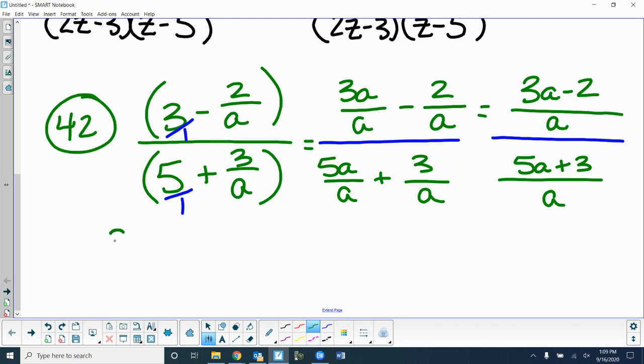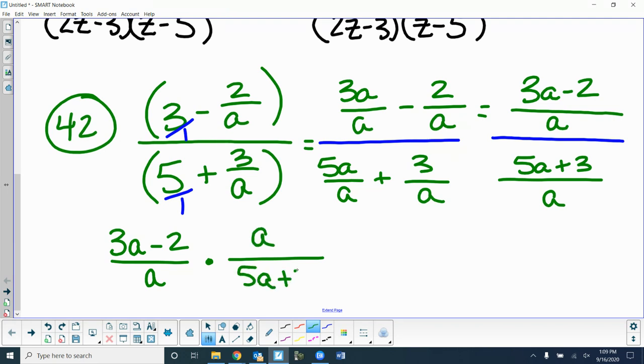And then what we talked about yesterday with these complex fractions is we take the top one as it is, and we multiply it by the reciprocal of the bottom one, so we flip it. So it looks like that. Is there anything I can factor right now? No. Are there any factors that I could cancel right now?